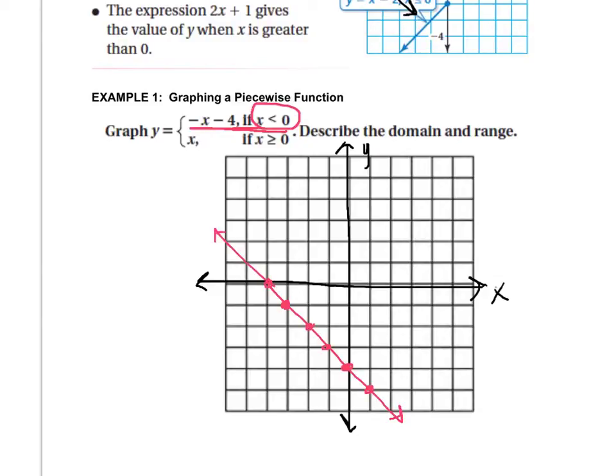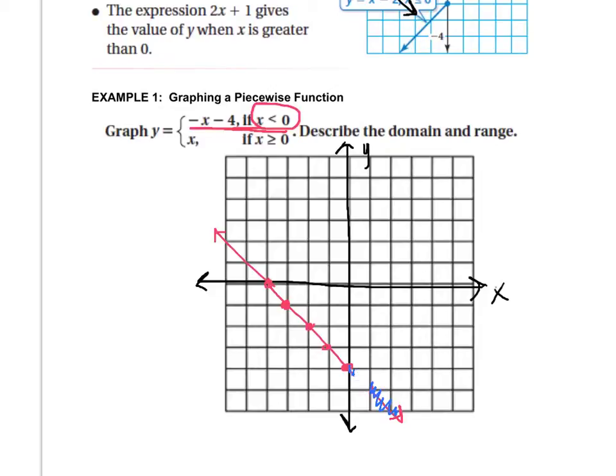Don't label it yet. But what this is saying is that the only points that matter to me are the ones where the x value is less than 0. So I don't care about this whole section right here, and technically, I also don't care about the 0. This whole section I want to erase because the only values that matter to me are where the x value is negative. And remember, x value is the horizontal.